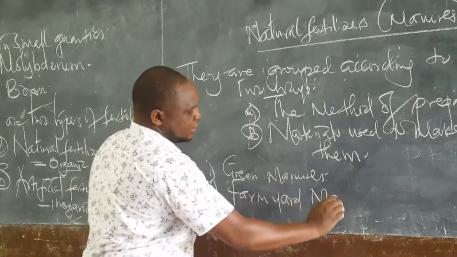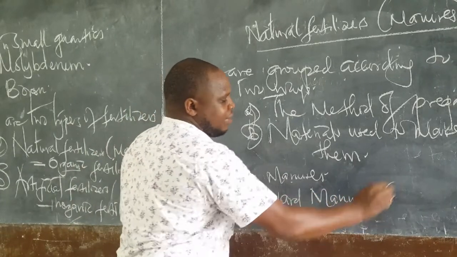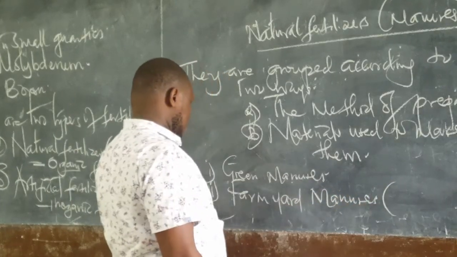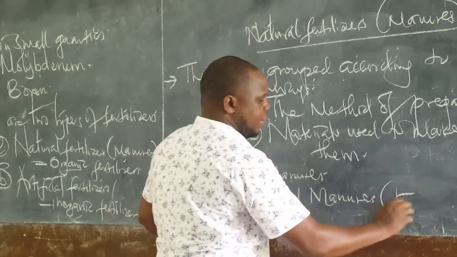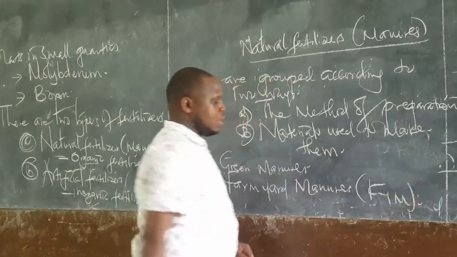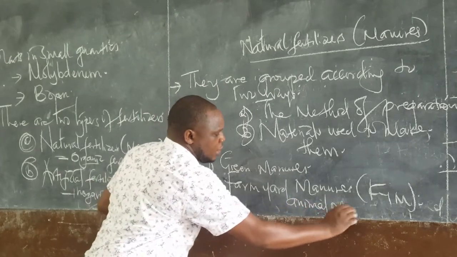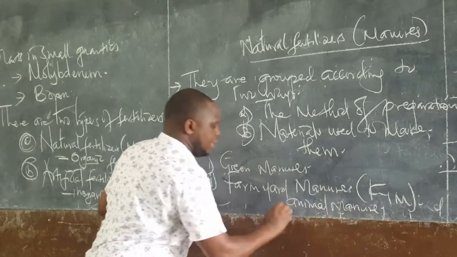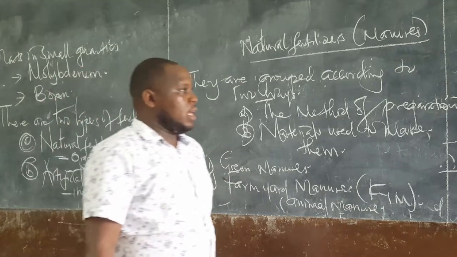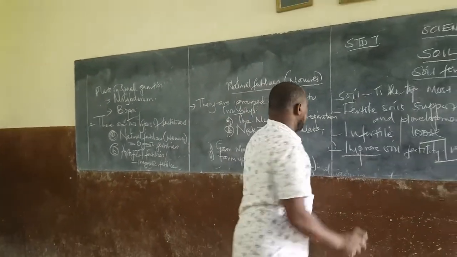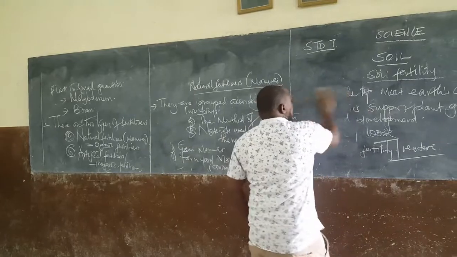Farmyard manures are also known as FYM. You can also call them animal manure. So if in the exam you don't find farmyard manure, you can see animal manure.